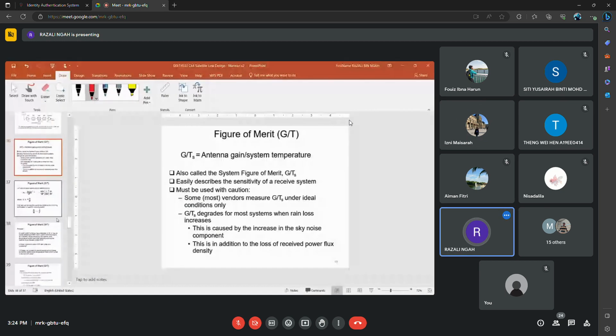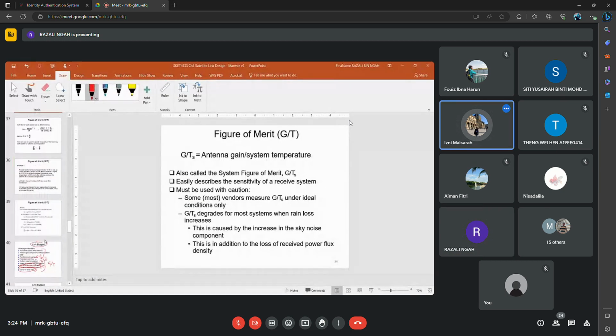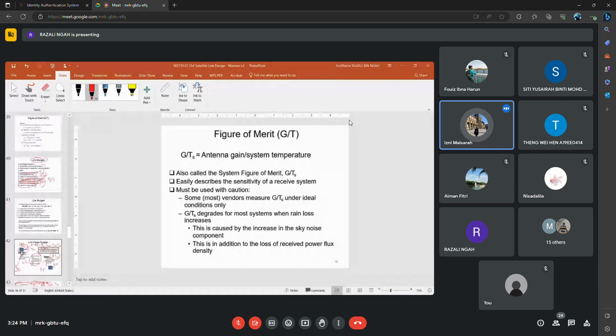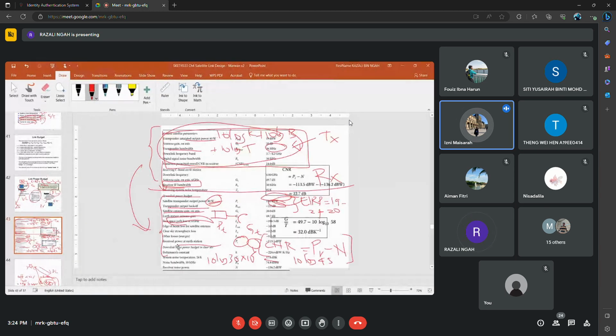Doctor, on slide 43, just now on TS, calculating the system noise temperature.